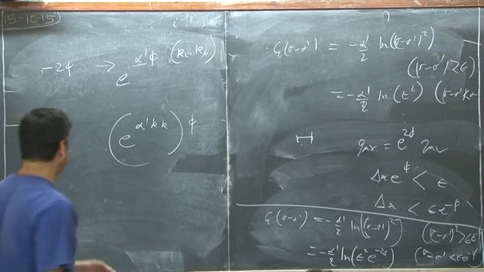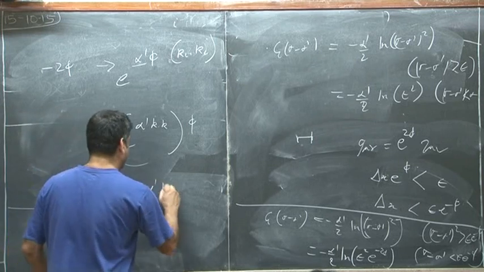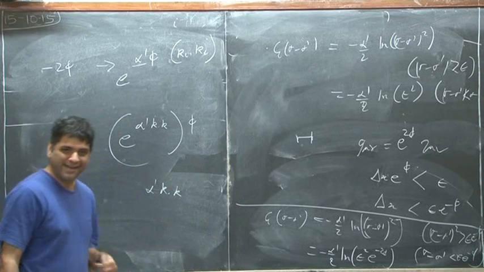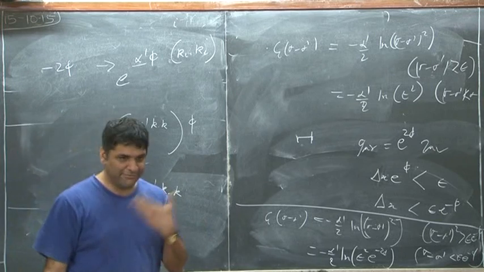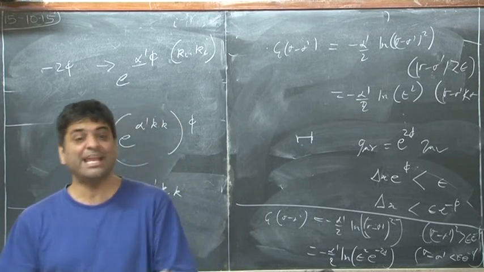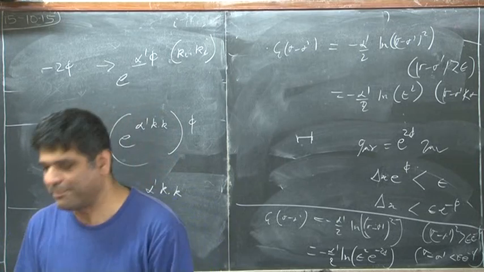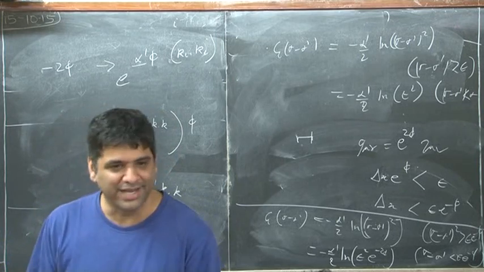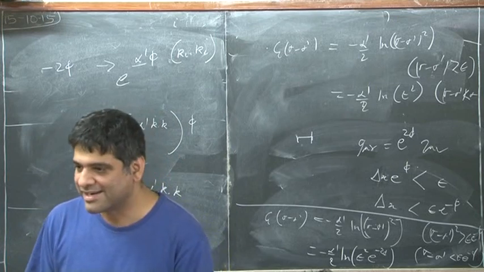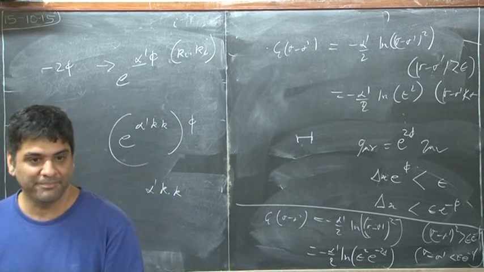But remember that this alpha prime k dot k was precisely the scaling dimension of this operator. Alpha prime k dot k by 4, we had factors of 2, right? But that's the scaling dimension of the operator.